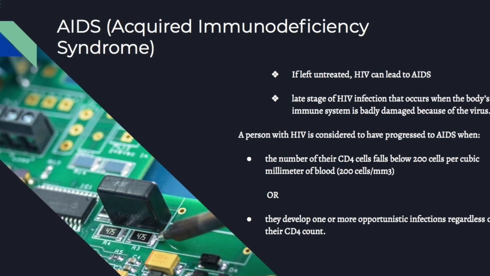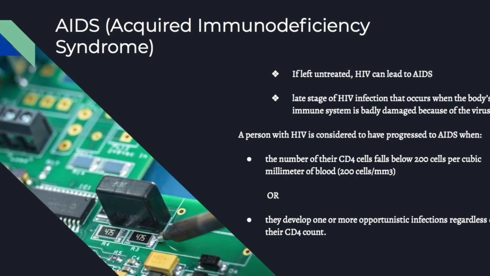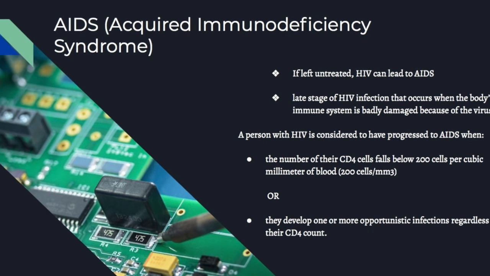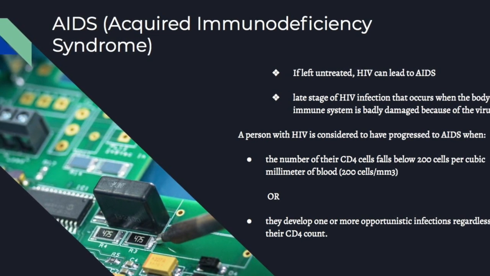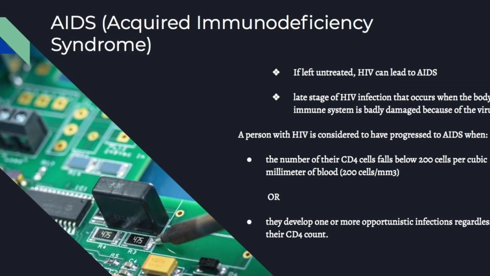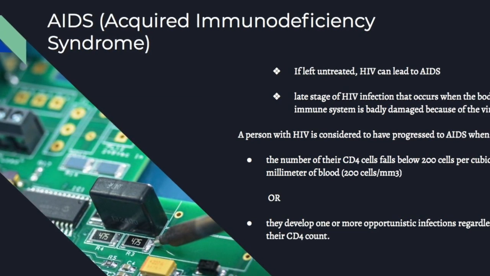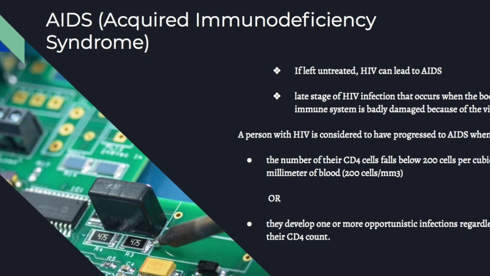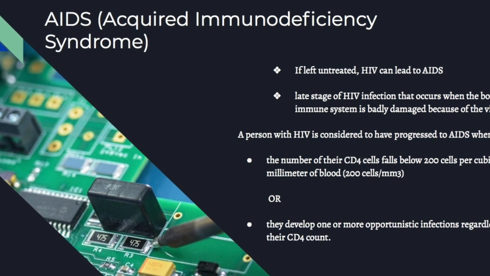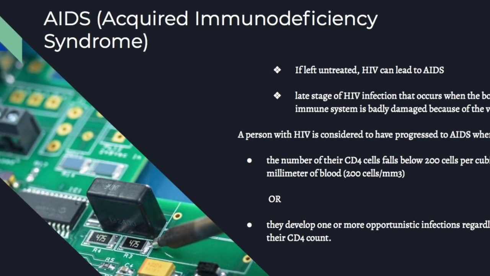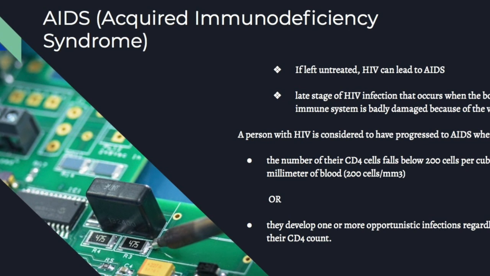But just to go into more detail, a person with HIV is considered to have progressed to AIDS when, like we already stated, the number of their CD4 cells falls below 200 per cubic millimeter of blood, or if they develop one or more opportunistic infections regardless of their CD4 count.